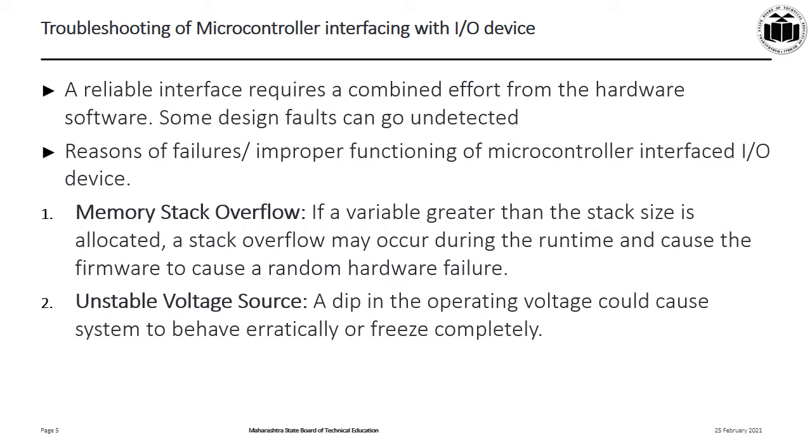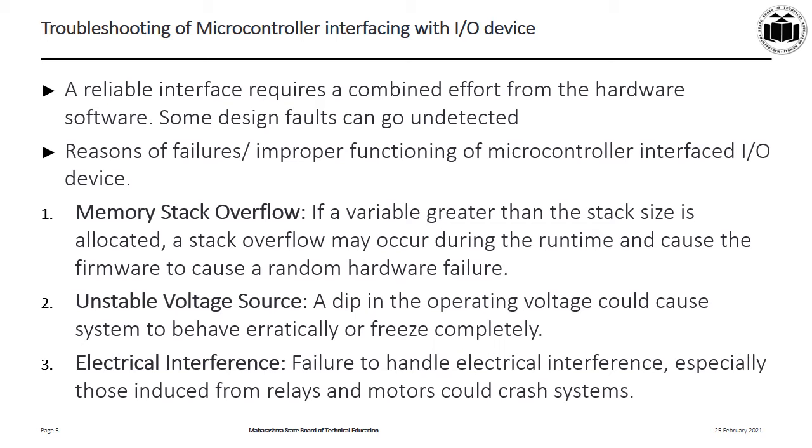Unstable voltage source is another reason for the failure. A dip in operating voltage can cause the system to behave erratically or completely freeze. So we have to make sure that a constant supply voltage is maintained without fluctuations.